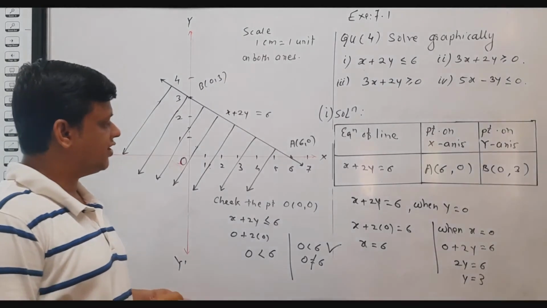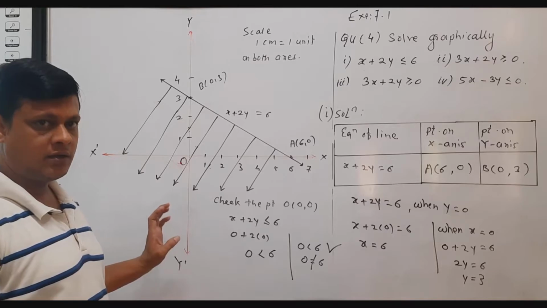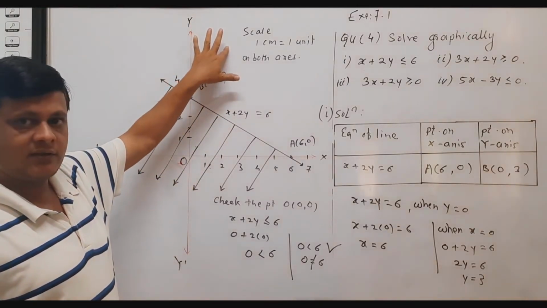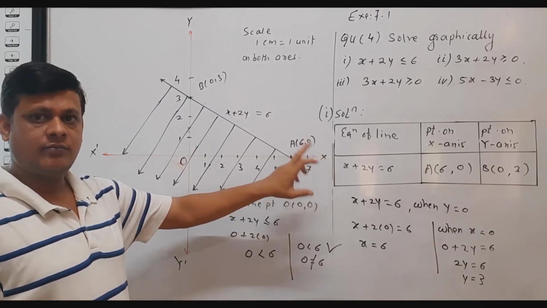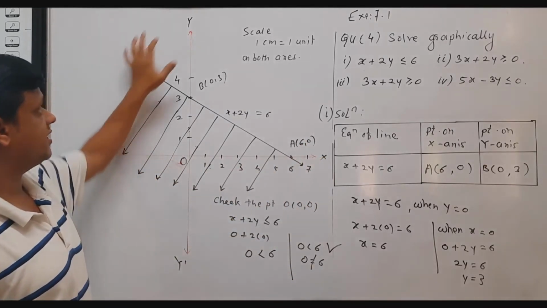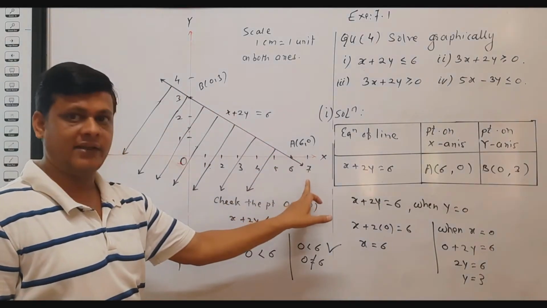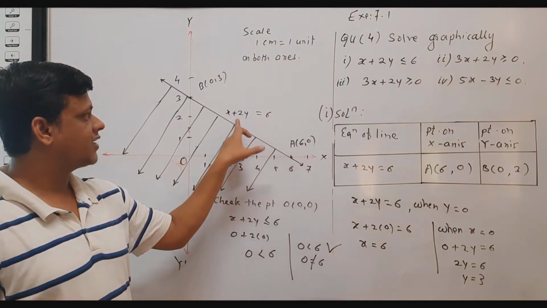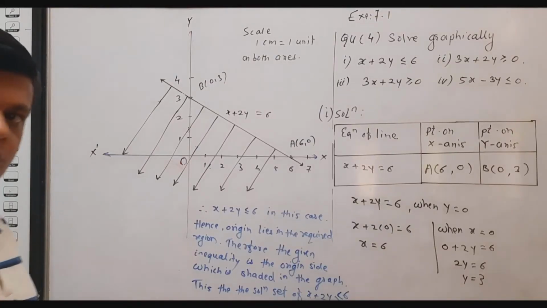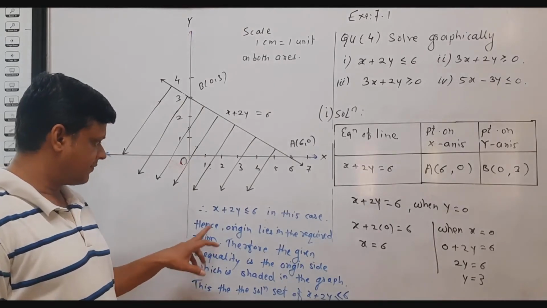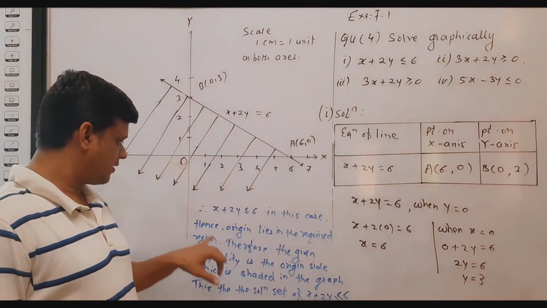Now while writing the solution, one thing you must remember: you have to write the scale, the name of the axes, positive x-axis, negative x-axis, positive y-axis, negative y-axis, and the equation of the line. Here we write the equation of the line x plus 2y equals 6. So we write the final answer as x plus 2y less than or equal to 6 in this case.